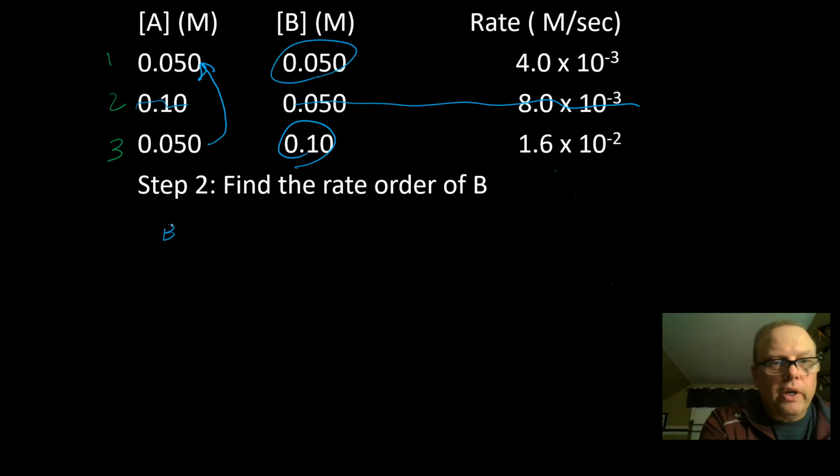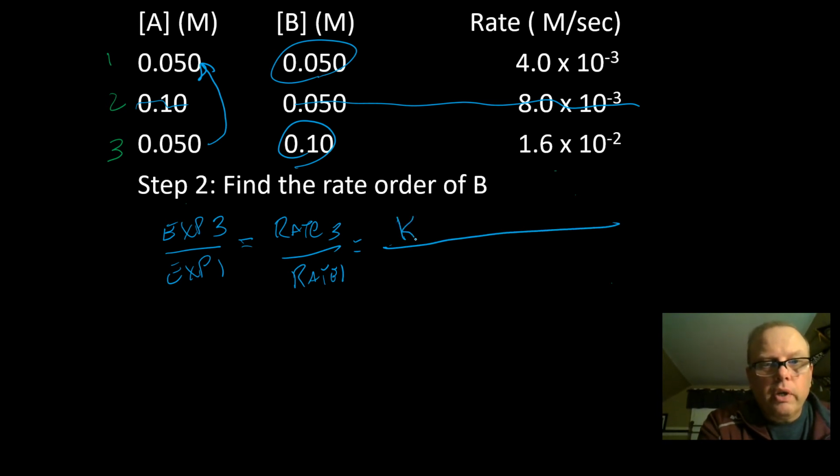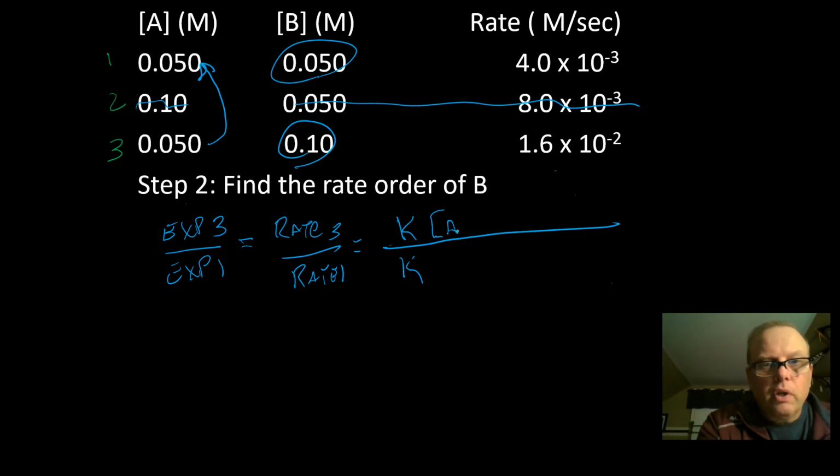So what we're going to take a look at here is what we did with experiment 3, and we're going to divide it over experiment 1. This will be equal to the rate in 3 over the rate in 1 equal to K over K, concentration of A to the first, because we know that, over concentration of A to the first.